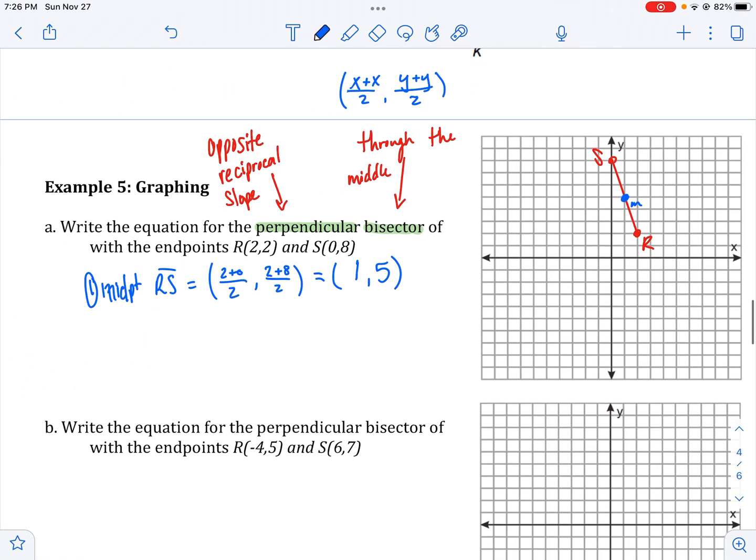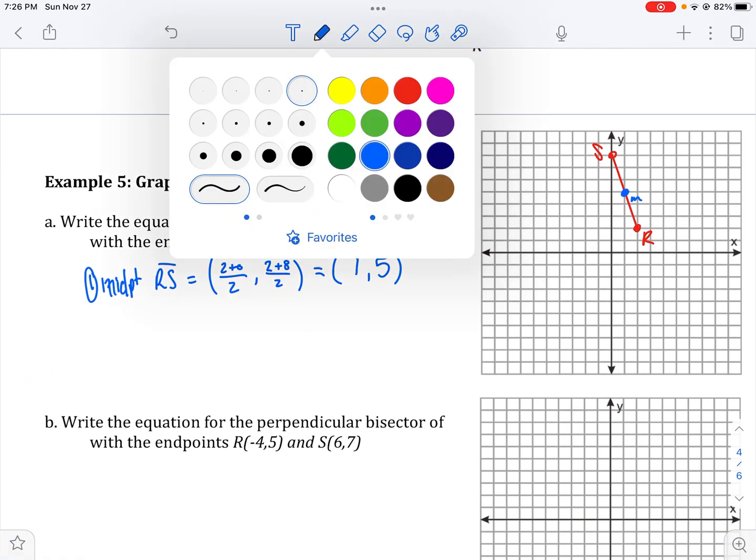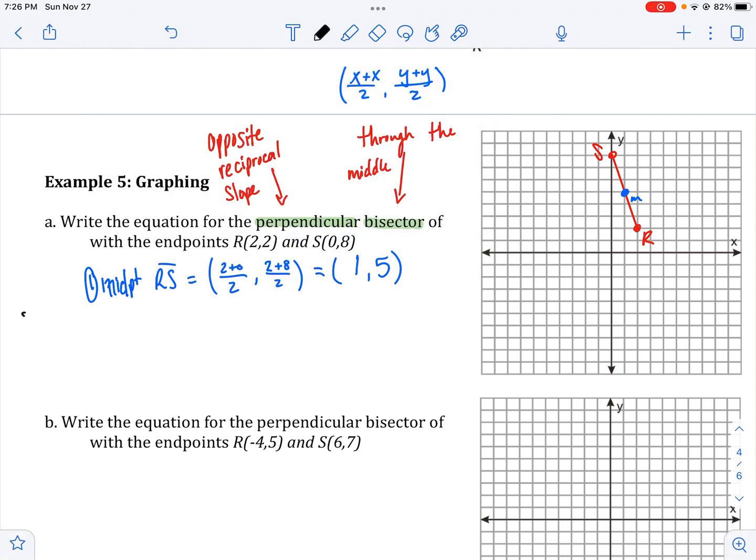So there's my midpoint. Now I want to write the equation of a line through this point with an opposite reciprocal slope to RS.